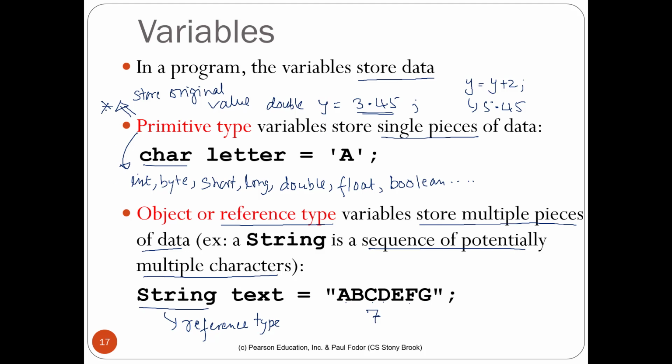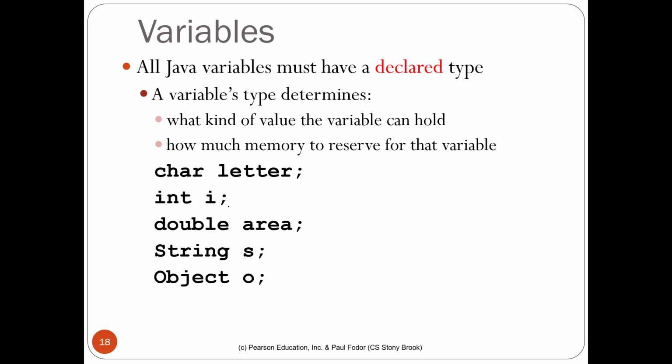And as I added one more point, I will add here that this reference type holds an address, not the original value. Primitive data types will hold the original value, whereas reference types hold the address of the value, not the original value. Okay, good. So now let's look at some variables.